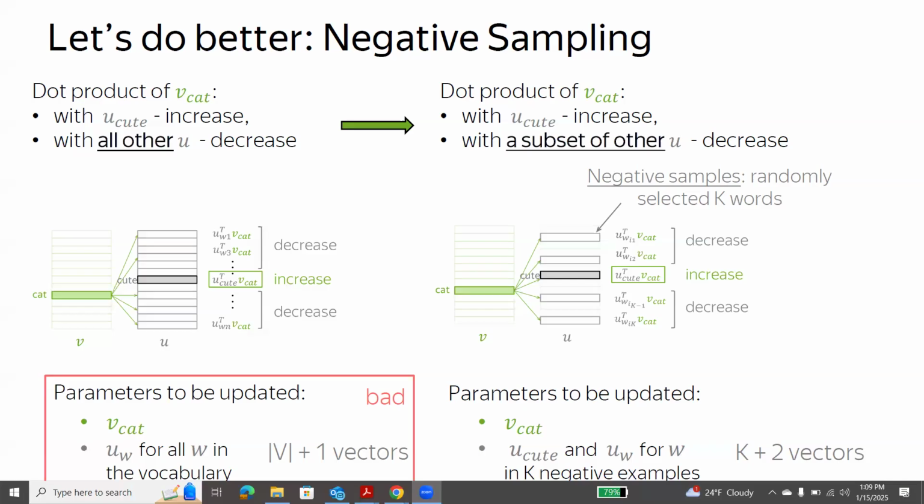And why is it fine if it decreases the similarities with just randomly sampled words? Yep. Probably gives about the same results, but it saves a lot of time because you don't have to use the whole vocabulary. Yeah, but why will we decrease the similarity?